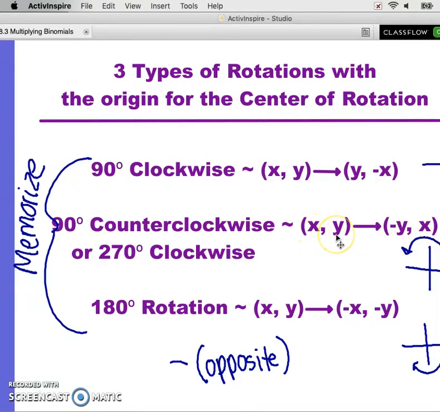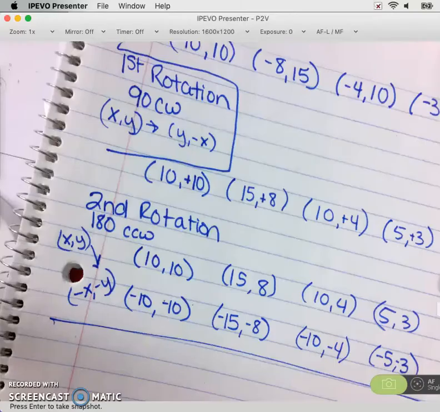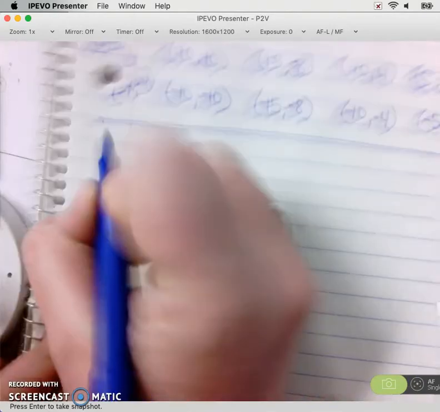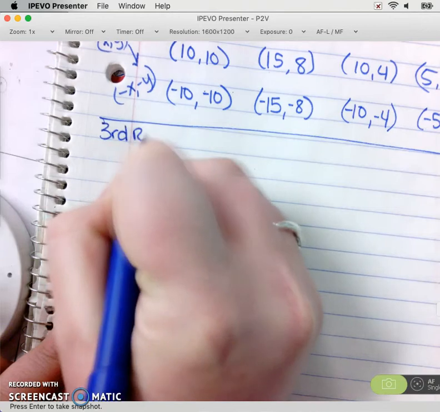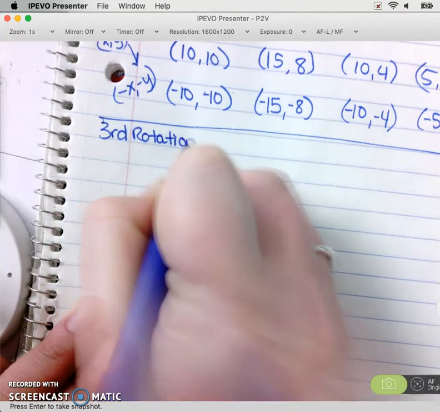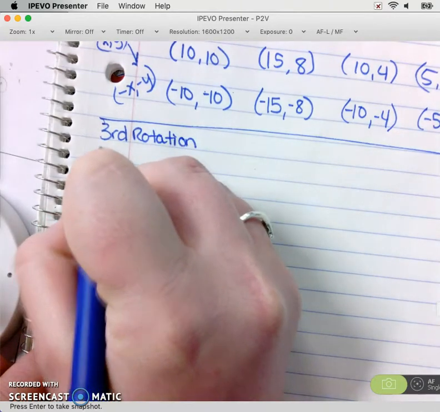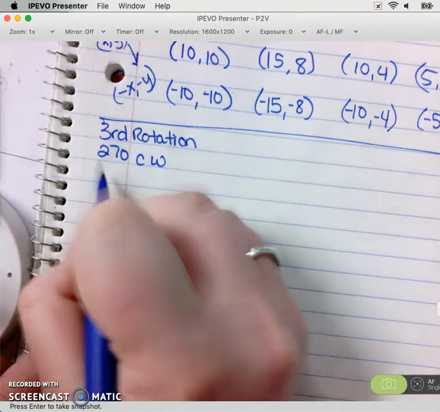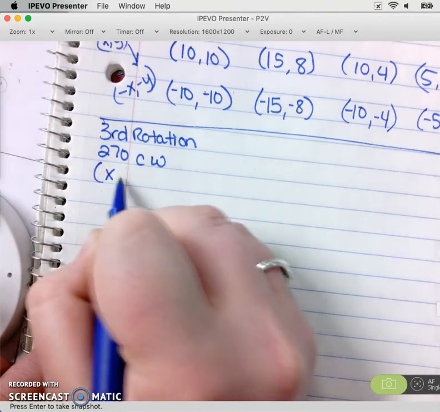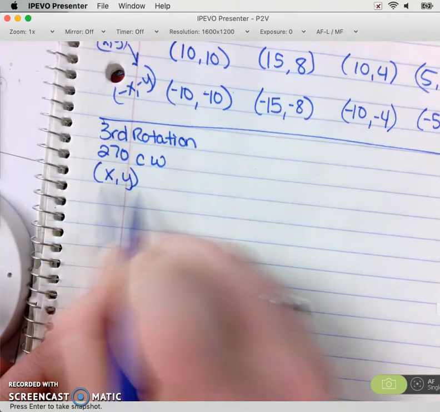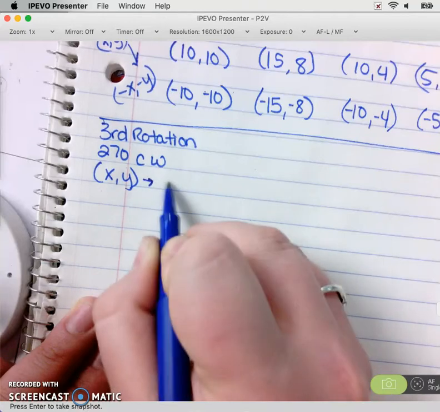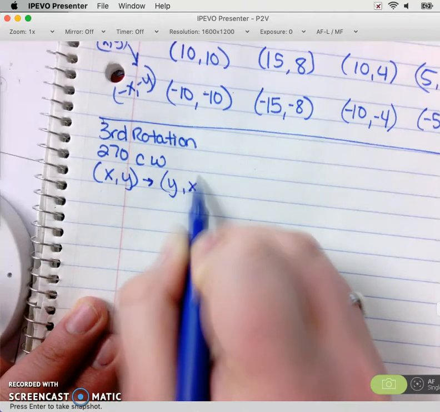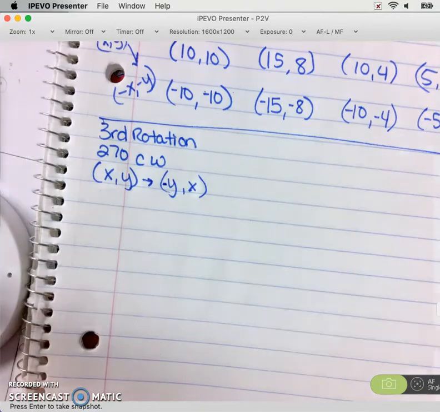So xy becomes negative y, x. So on my third rotation, I'm going to write, it was 270 clockwise, and that means that I'm going to make my x, y, I'm going to flip them, becomes y, x, and then it's the opposite of the y this time.